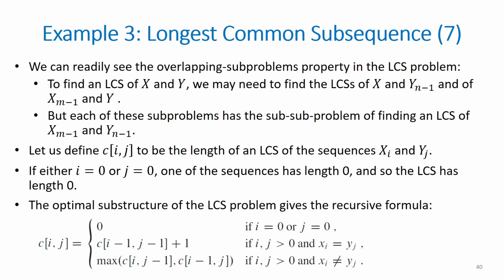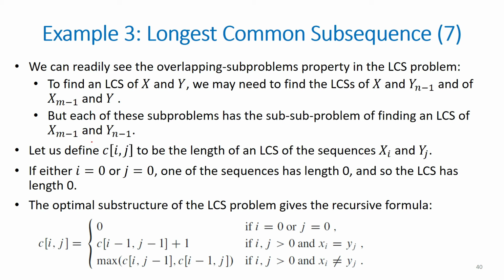For the first case, where element x_m is equal to y_n, we compare the prefixes x_{m-1} and y_{n-1} and add 1 to the LCS resulting from this comparison. In the remaining two cases, the subproblems may overlap.